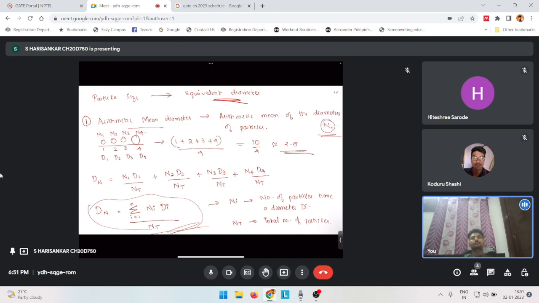Then the arithmetic mean diameter will be Dn equal to N1 D1 by Nt plus N2 D2 by Nt plus N3 D3 by Nt plus N4 D4 by Nt, where Nt is the total number of particles available in the mixture. So basically you're taking an arithmetic mean of the different diameters available in the mixture. That is what is known as an arithmetic mean diameter.